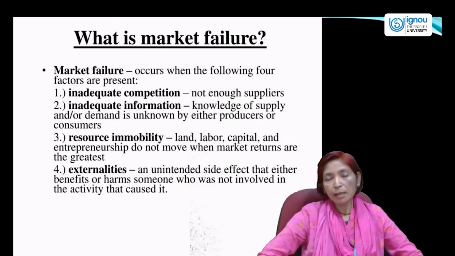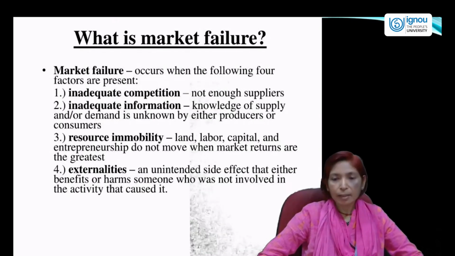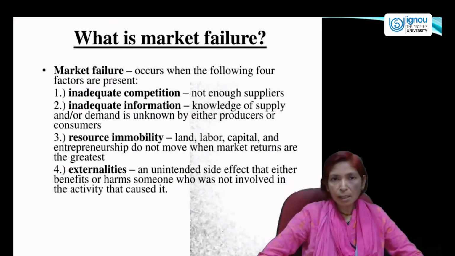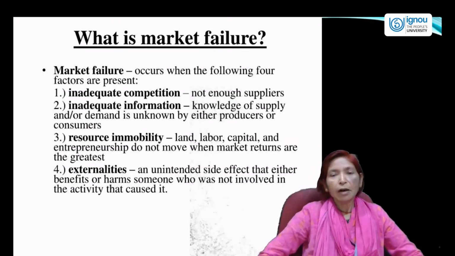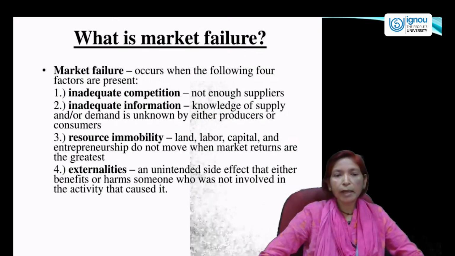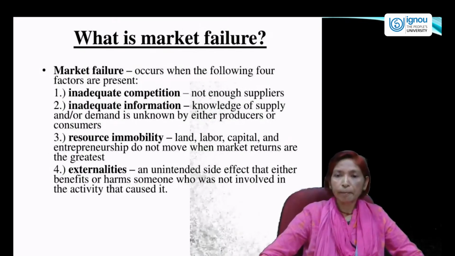Externality may be positive or negative, but it is the unintended or side effect that may either give benefit to society or be harmful to the person or society who are not involved in the activity that caused it. That is called externality.